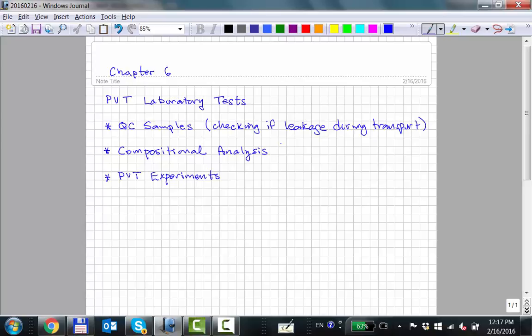We've already talked about compositions. We've got basically masses and weight fractions, mole fractions, if it's a gas phase or if it's an oil phase, and so forth. These different analyses: which compounds and how much of each.